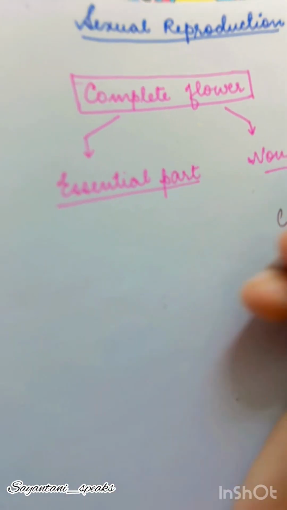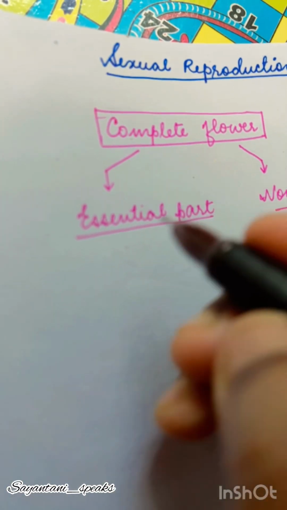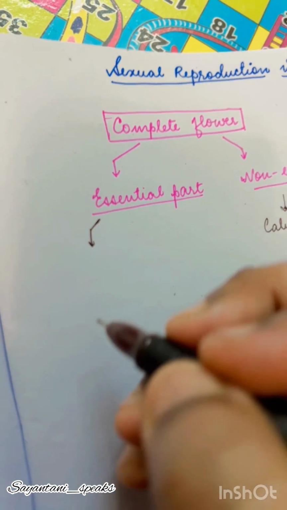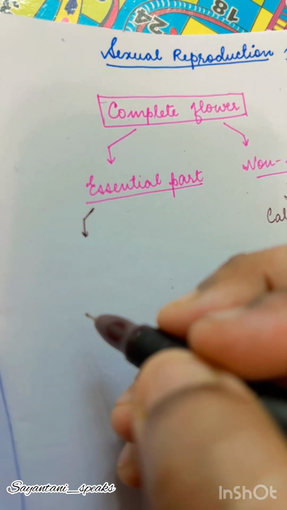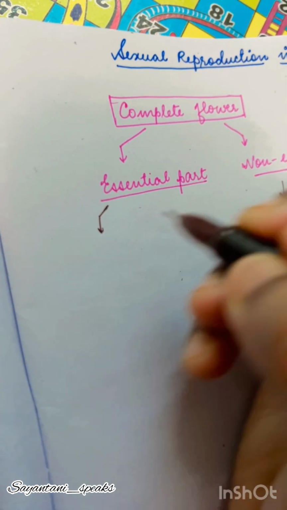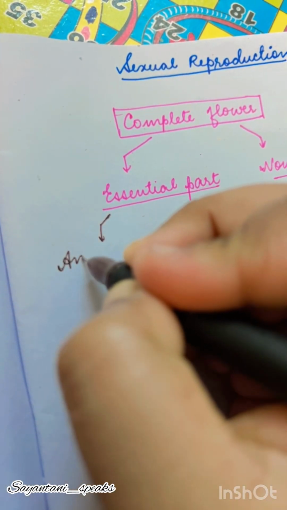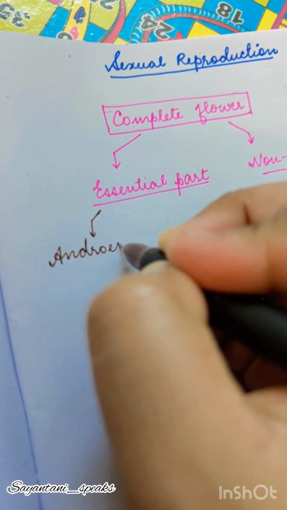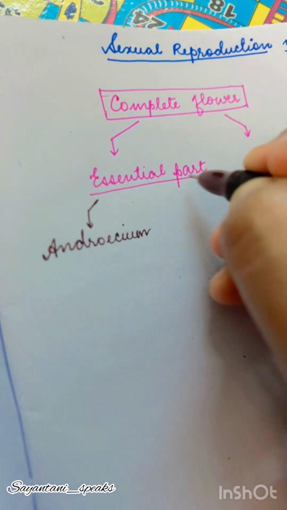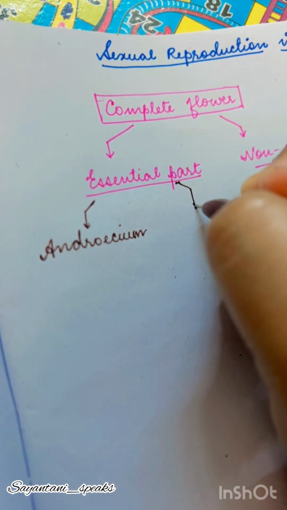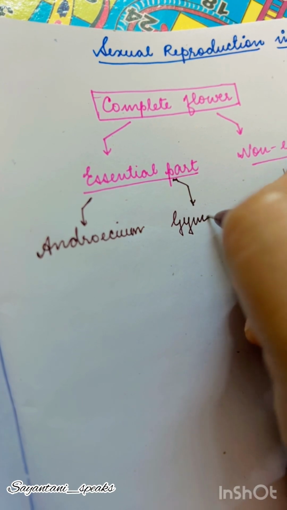Whereas the next two inner whorls, that is the androecium, which is the male reproductive part, and the gynoecium, which is the female reproductive part.